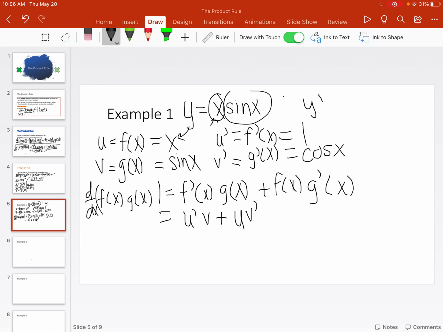So there we go. We got all our components. u prime is equal to f prime of x, which is equal to 1. v prime is equal to g prime of x, which is equal to cosine x.